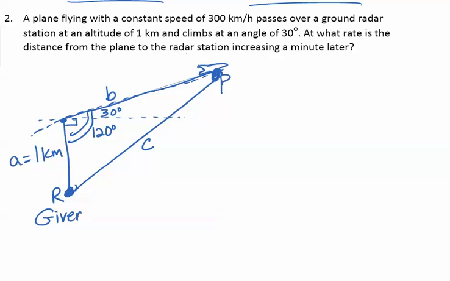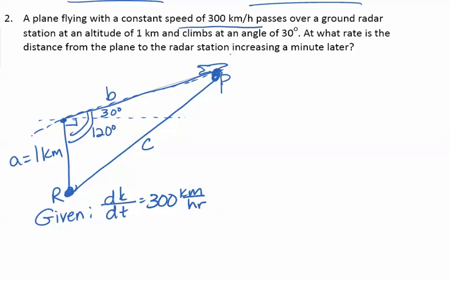All right, let's again make it clear what's given. We are given the rate of the plane. So that would be how distance B is changing in my diagram. You might use a different variable, but the distance B for the plane is given to be 300 kilometers per hour.